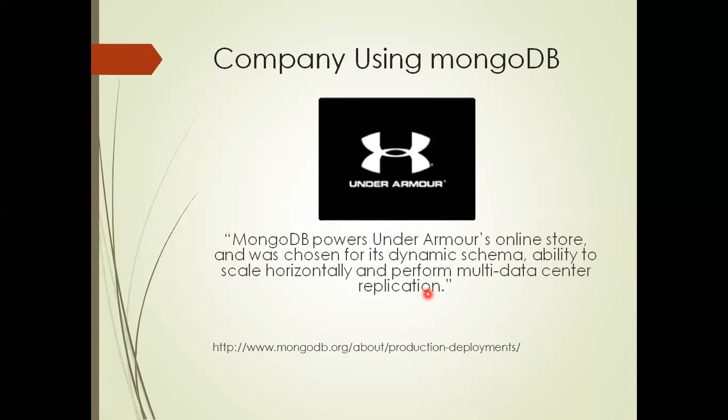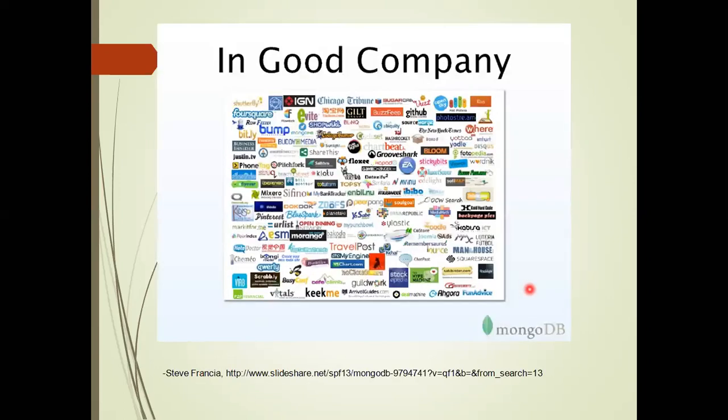We can support multi data center applications, that is, data can be distributed across different servers using MongoDB. There are many companies that are using MongoDB. You can search on the internet also, and I have mentioned a few on this slide.